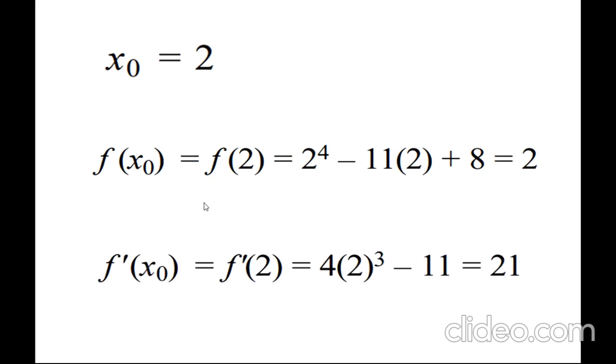Next is f dash of x0. Replace x0 by 2, so f dash of 2 is equal to 4 into 2 cube minus 11, which gives 21. Hence, we have x0 is 2, f of x0 is 2, f dash of x0 is 21.